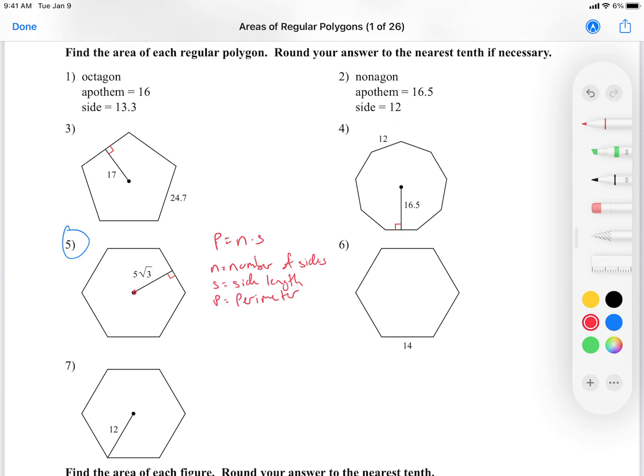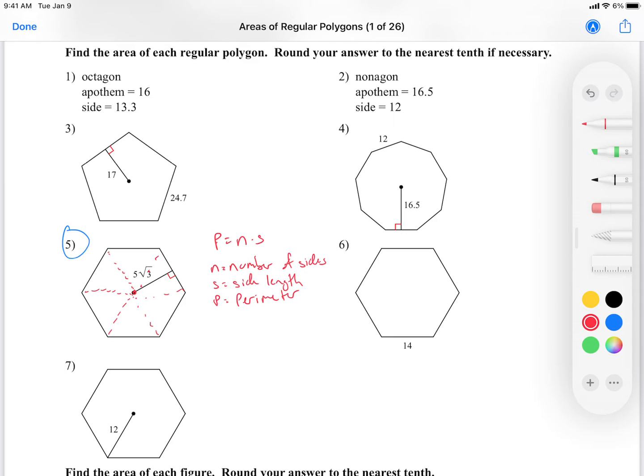Because all these sides are congruent, the distance from here to here is going to be the same, here to here, here to here, here to here, here to here, and here to here, right there.